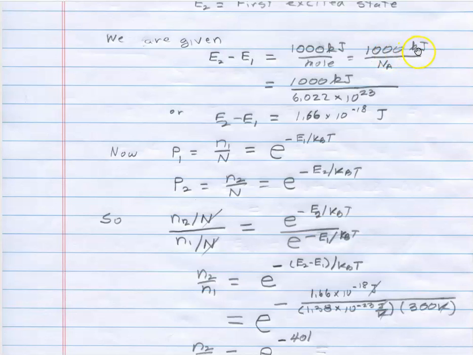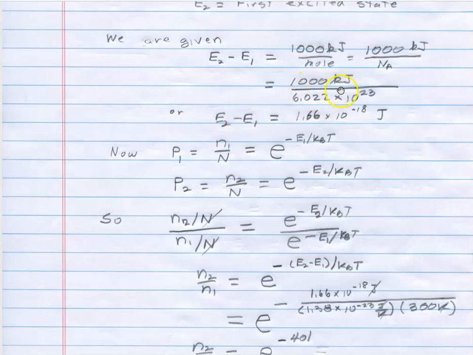So a mole is just Avogadro's number of atoms, in this case oxygen atoms. And we know what Avogadro's number is, which I represent by N sub A. It's 6.022 times 10 to the 23rd atoms in a mole of atoms.